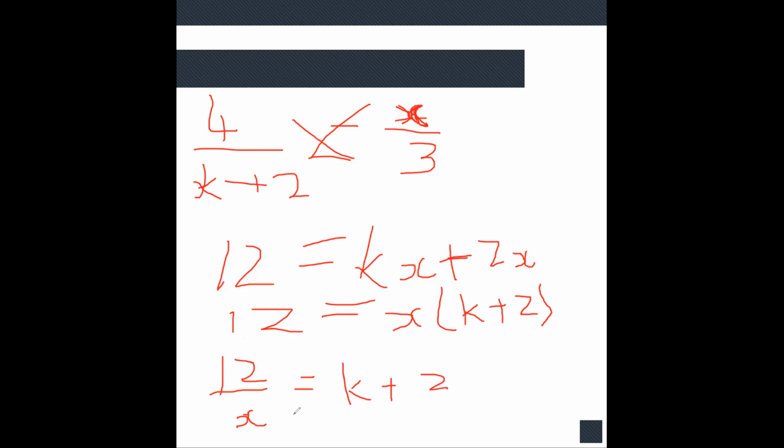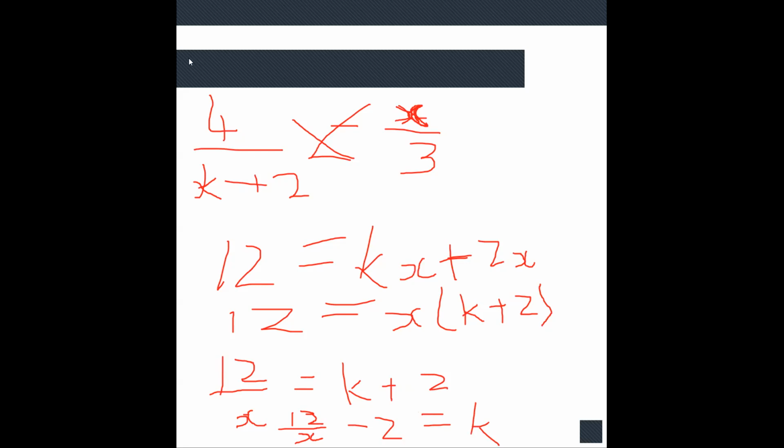And therefore k is equal to 12 over x minus 2.